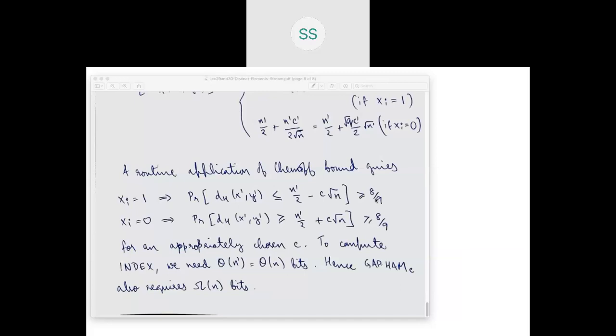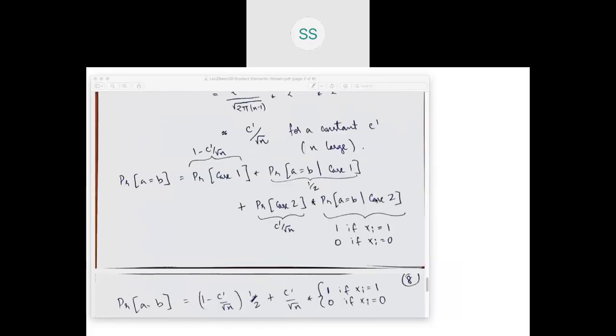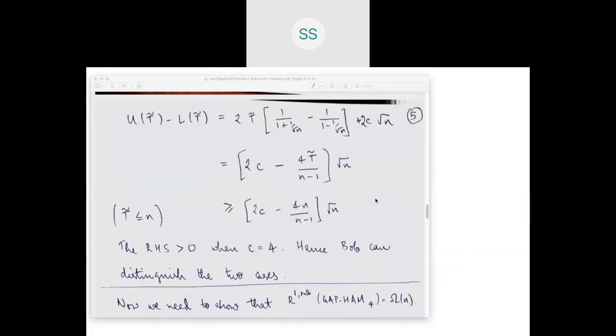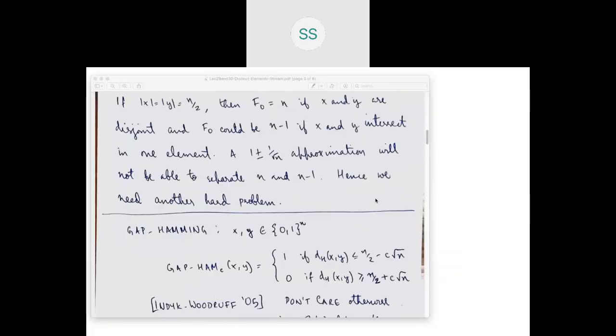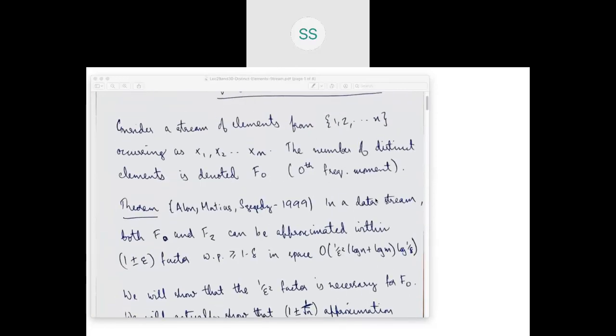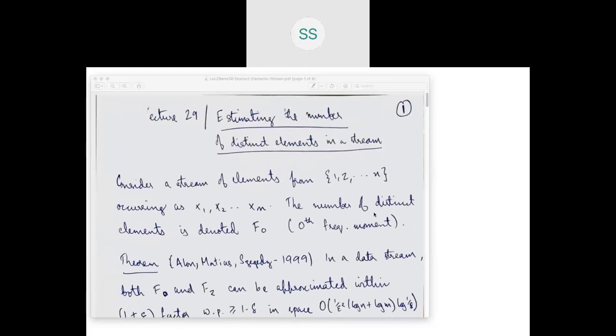Since index requires linear bits, the gap Hamming also requires linear bits, and that completes the proof of the fact that the F0 estimation requires linear space if we need to approximate it with 1 plus or minus 1 by square root n approximation.